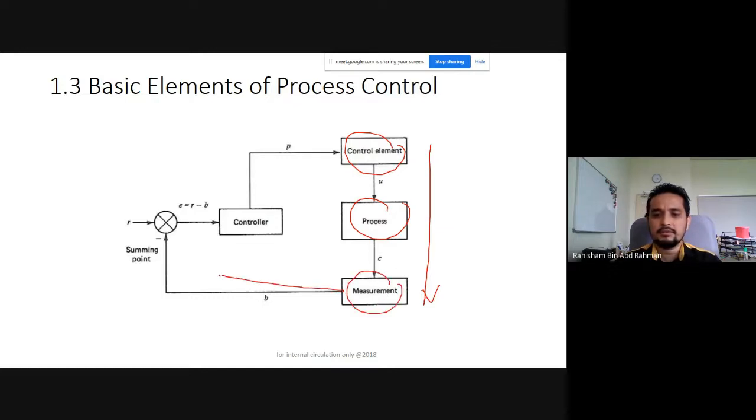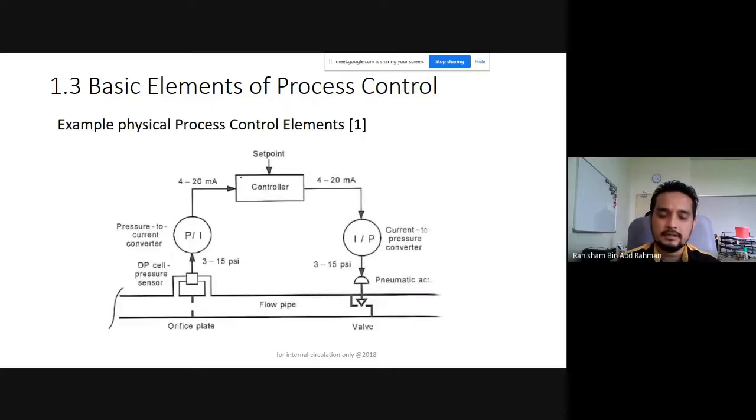The measurement will be fed back to the input control, so that the control can control the final element, keeping it in a good loop, so that we achieve the desired set point.